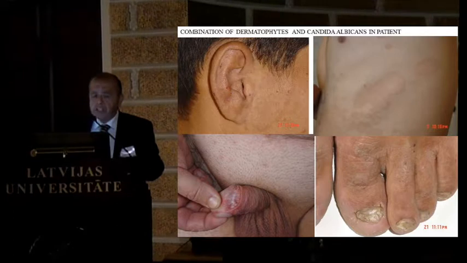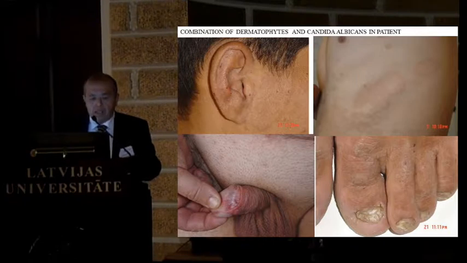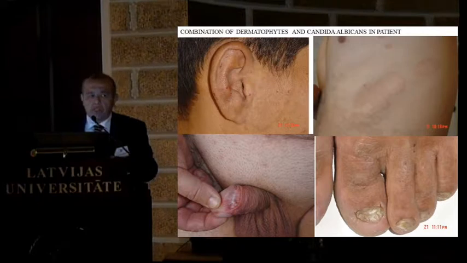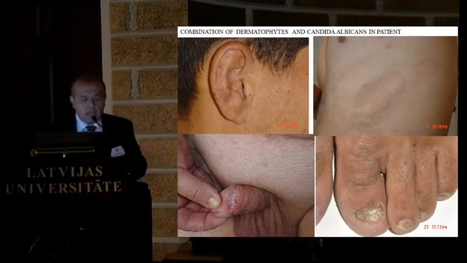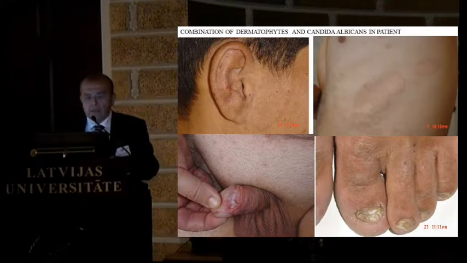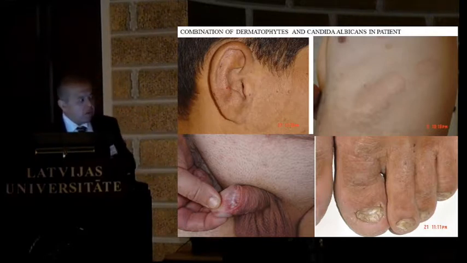The next feature is the combination of dermatophytes and Candida albicans in one patient. You can see in the face and auricular areas skin lesions caused by Trichophyton rubrum, and onychomycosis caused by Trichophyton rubrum. Here you see Candida infection on the penis, and on the body you can see tinea versicolor infections.